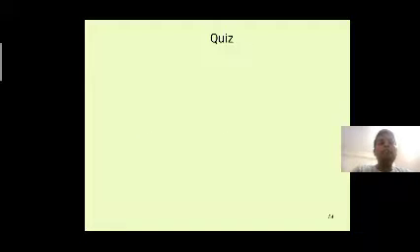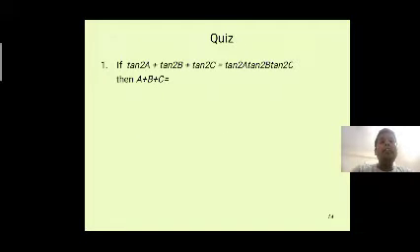Now we go to the quiz. If tan 2a plus tan 2b plus tan 2c equal tan 2a into tan 2b into tan 2c, then a plus b plus c equal 0 degrees, 90 degrees, 180 degrees, 360 degrees. What is the answer? 180 degrees.